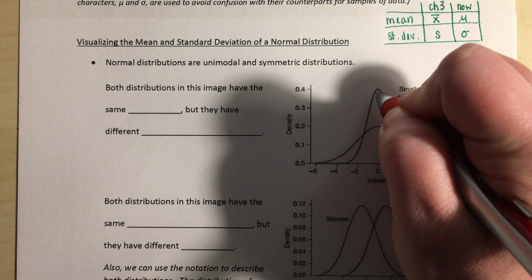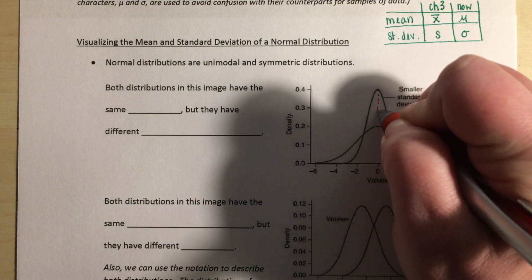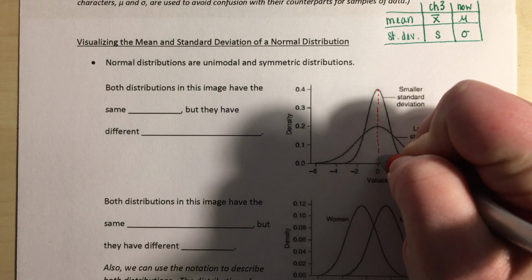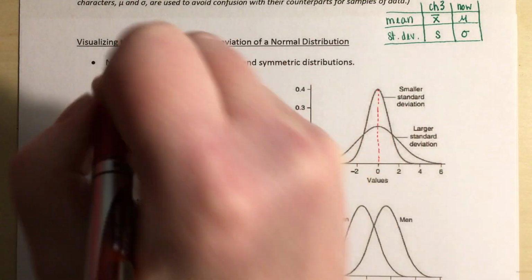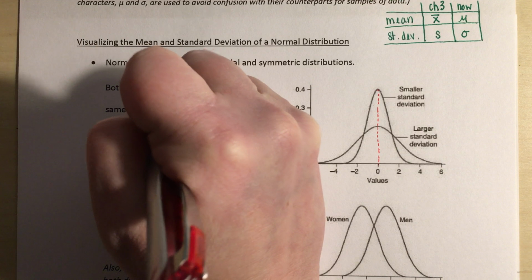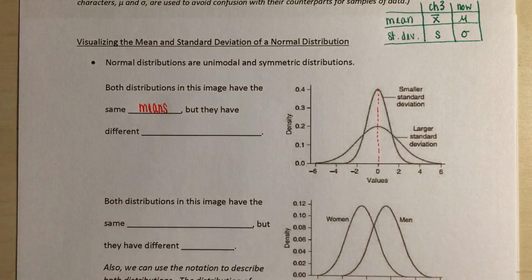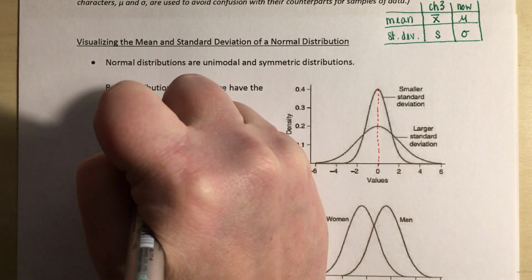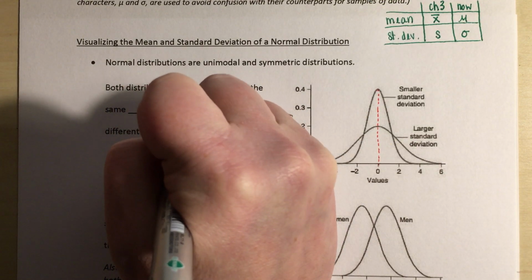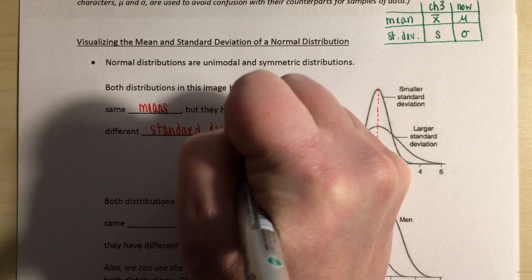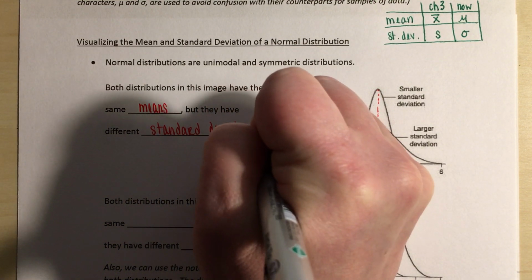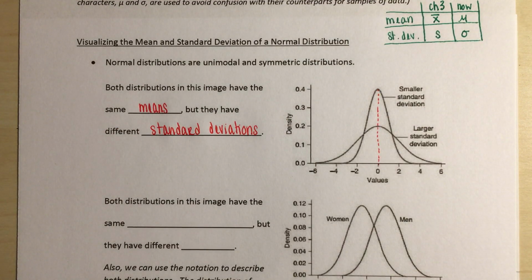However, notice that if we were to draw a little dotted line down the middle here, it goes through the middle of both of our curves. So that means that these two particular normal curves have the same means, but they have different standard deviations. Mean is our center, and our standard deviation has to do with our spread.